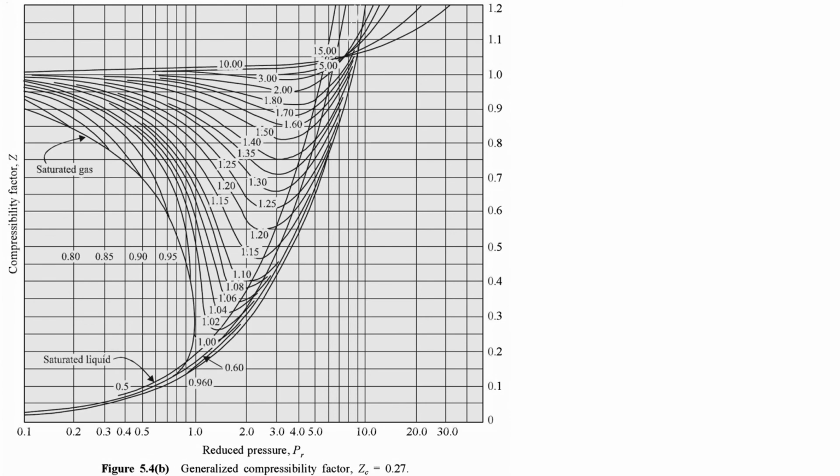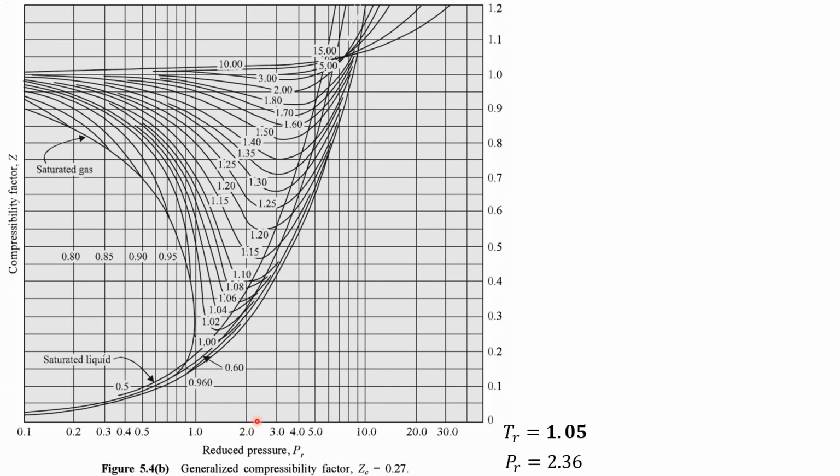So here we will see how we can read the charts. These charts are drawn at ZC equal to 0.27. So in the problem, TR and PR are known. So first we need to identify these 2 points. PR we can identify on this x-axis.